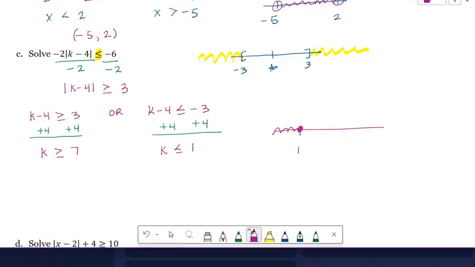So everything here, oops, or everything here. So I have to list this as two separate sets. I'll have everything going from -infinity up to 1, including 1 as the endpoint. And then I'll have everything, including 7, up to positive infinity.